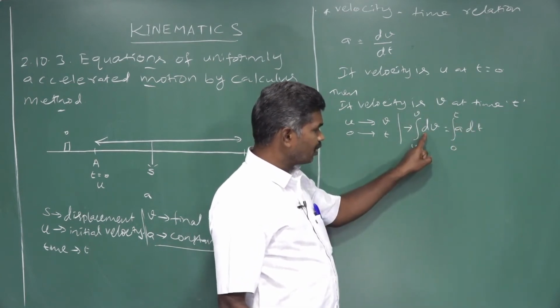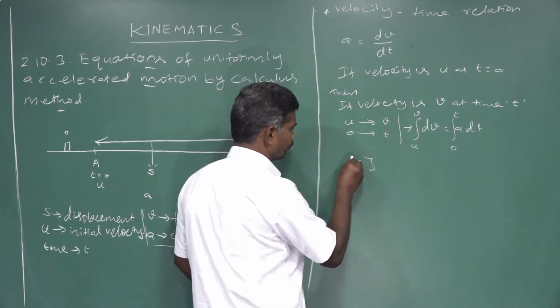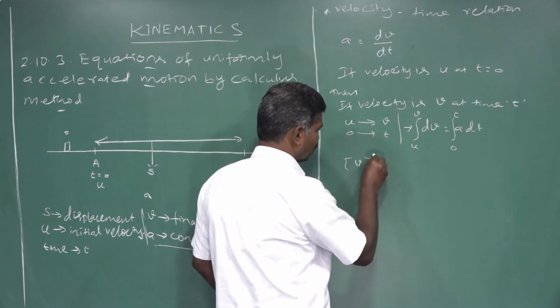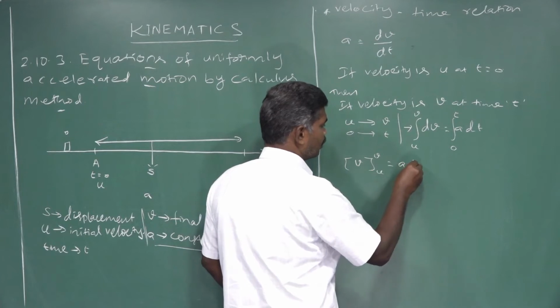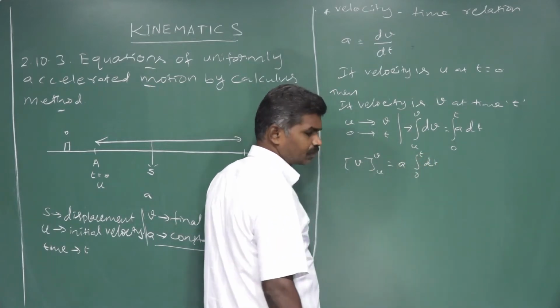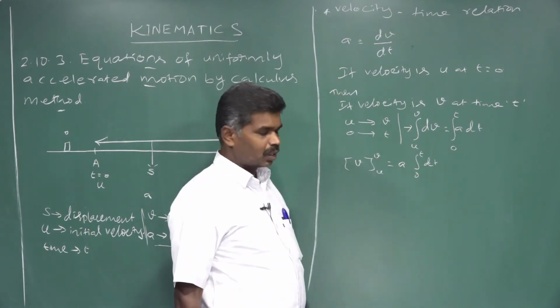Anyhow, if it is integrated, we will get v. There we have a lower limit and upper limit, u and small v, equal to a into integral 0 to t dt.